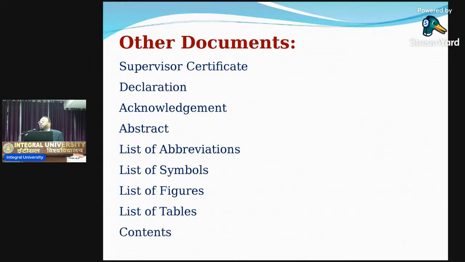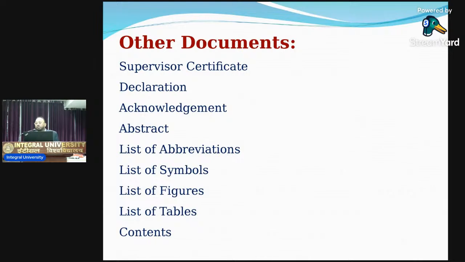What you did in your first chapter, second chapter, third chapter, and the last chapter, all should be included. List of abbreviations, if you use them, has to be presented after the abstract. List of symbols, if you use them in scientific research, physics or chemistry or mathematics, there are certain symbols that are to be mentioned in your front pages.